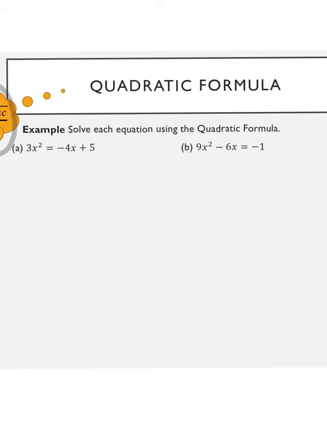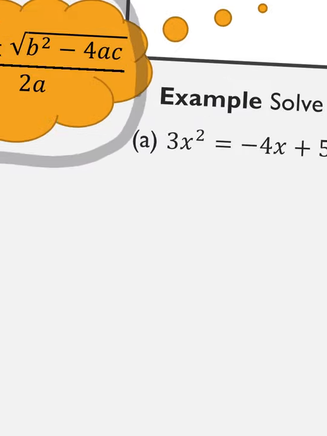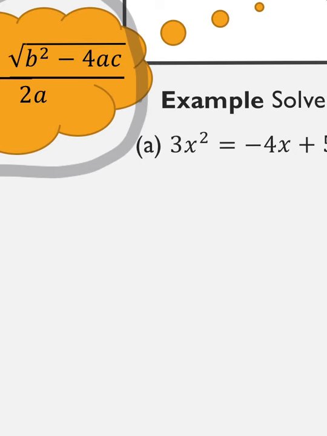And remember, the goal here is you want to make the equation equal to 0. So that is going to be our first step, so that it looks like ax squared plus bx plus c equals 0.